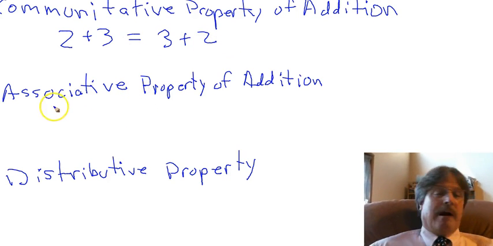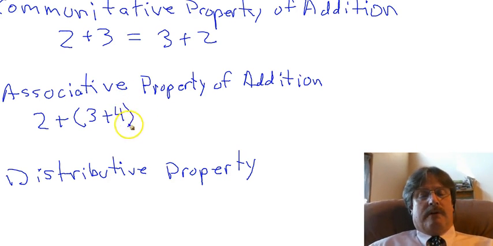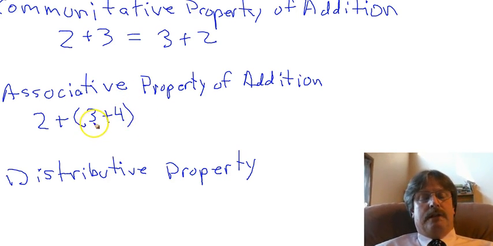In the associative property, let's say we have this grouping: 2 plus, and then 3 plus 4 is grouped together. So our order of operations tells us that we have to do the 3 plus 4 first because it's in parentheses. So that would be 7, and then 7 plus 2 would be 9. But the associative property for addition allows me to regroup.